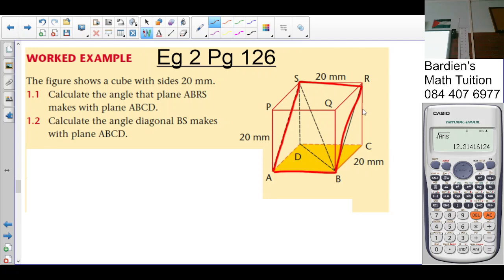If you're looking at ABCD, it's basically the plane on the floor. Can you see that? So the angle that they are actually wanting you to calculate is this angle. Okay?